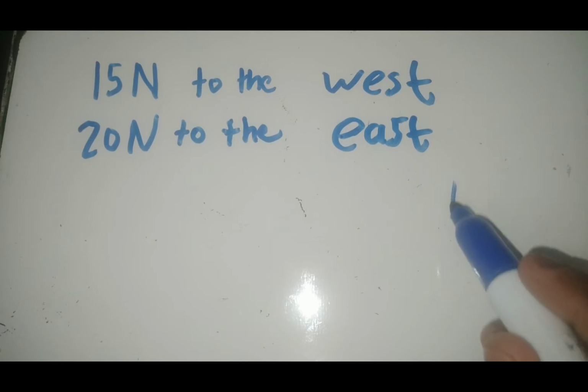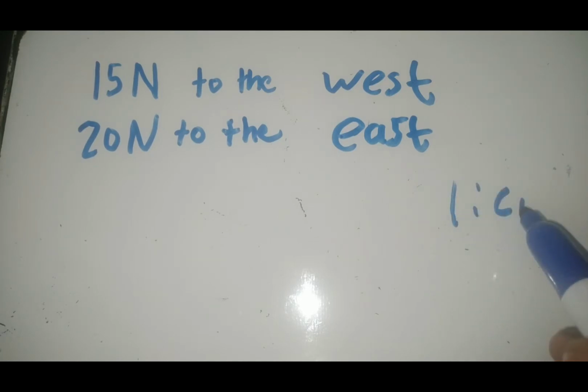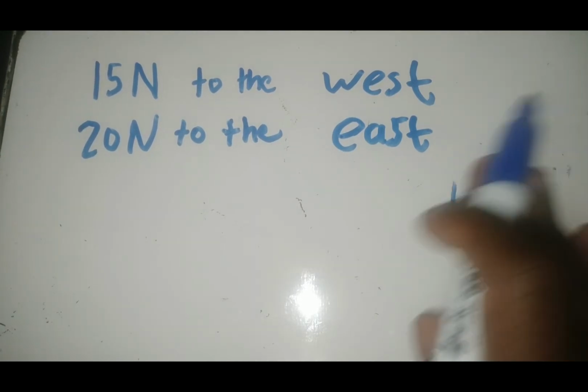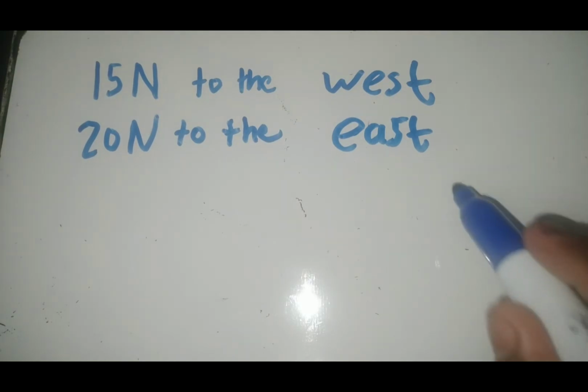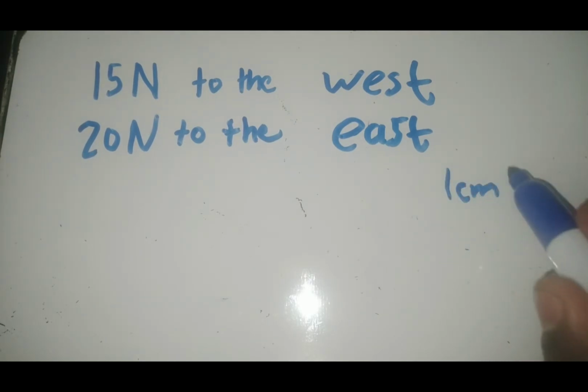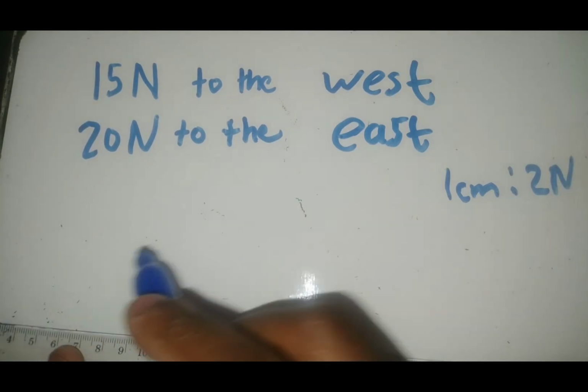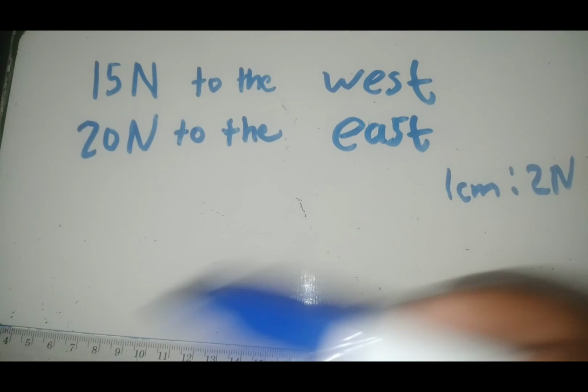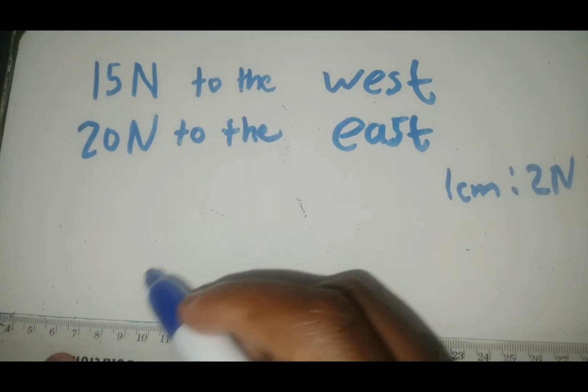So I'm just going to choose my scale. In my case, 1 centimeter is going to equal 2 newtons. This has to be to the west, meaning it's going to face to the left.